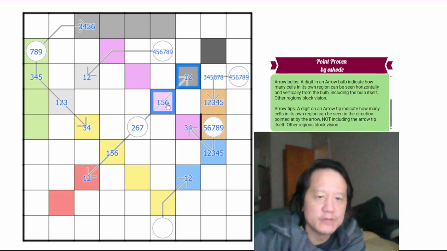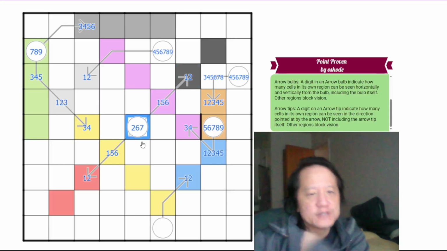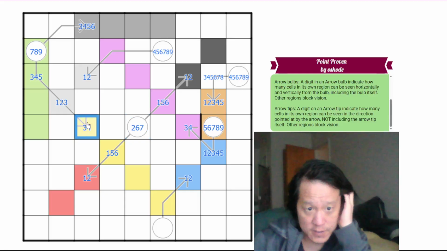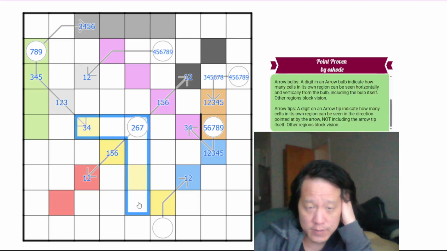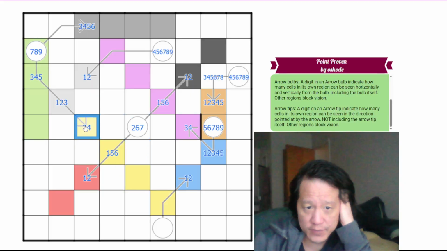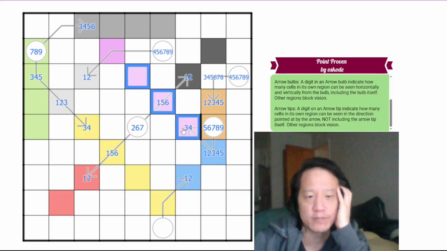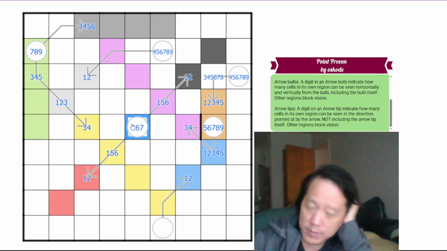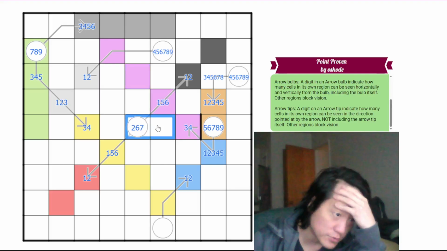What happens if it's 1? Okay, so if it's 6, then it has to connect, right? Same with 7. It has to connect to one of these, because it can only get 5 without being part of the same region. But 2 kind of works also.